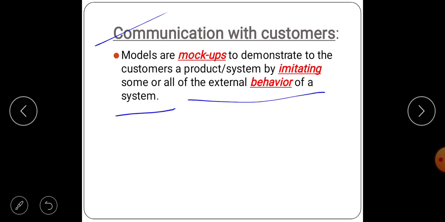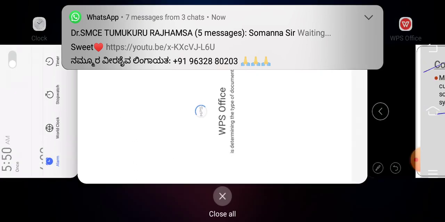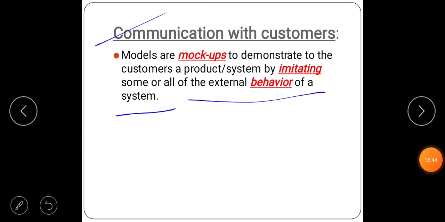Means showing some simulated models, looking like the real thing but not real. That type of simulated product is shown for the customer. Means some dummy models of some real thing we are going to showcase for the customer.